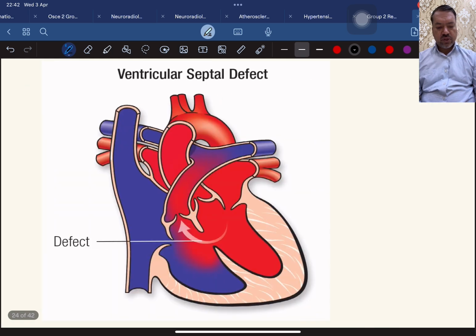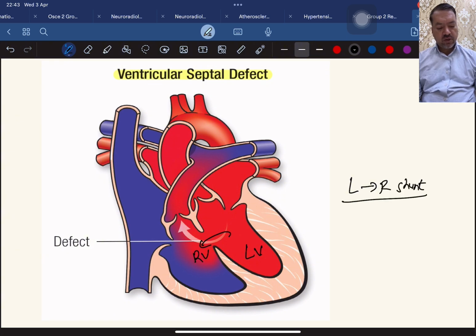Now I want to discuss this with the help of this picture here. See this? This is the picture of VSD, and here you can see the left ventricle, and here is the right ventricle, and this is the VSD. So this is a left to right shunt, and it occurs when there is a pressure difference between the left side of the heart and the right side of the heart.